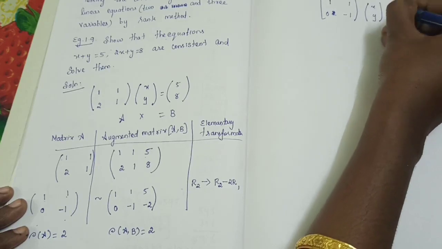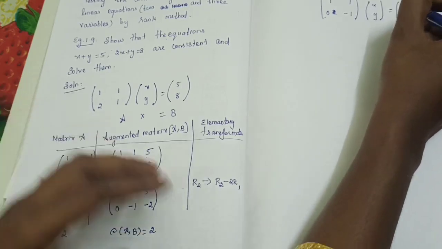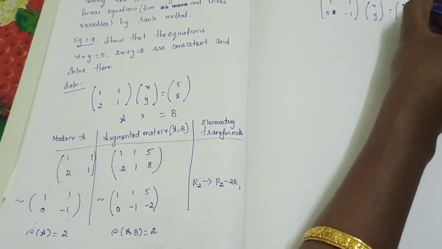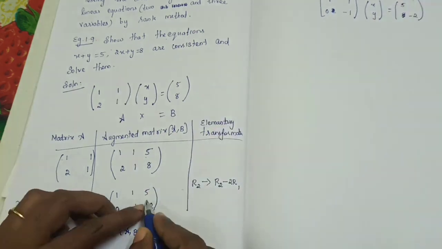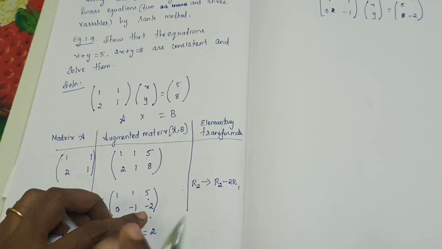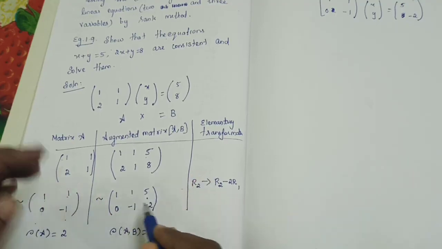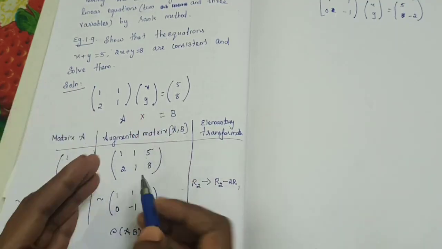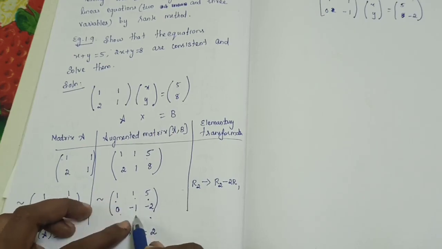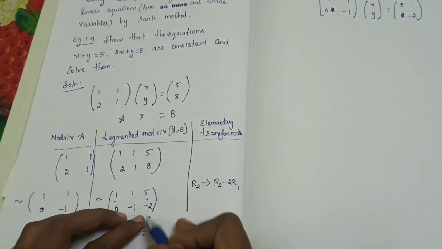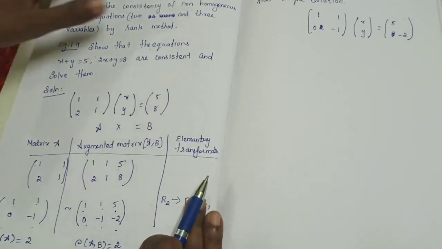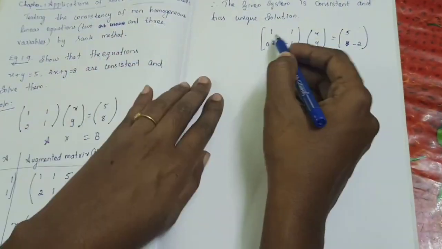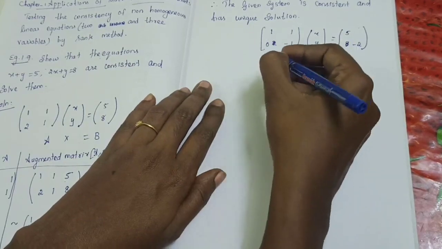Then what about the b value? It also changes: 5, minus 2. You need to find it correctly. So this is A, x, y, then this is the b value, 5 and minus 2. Got it? Clear?